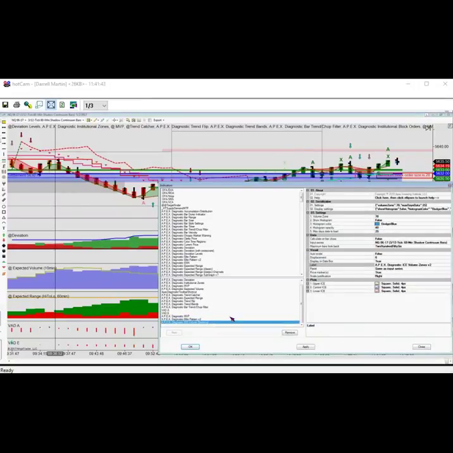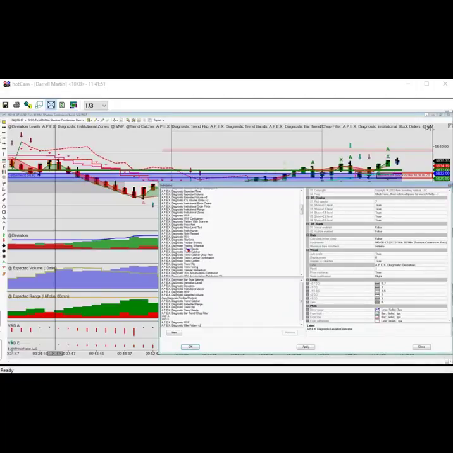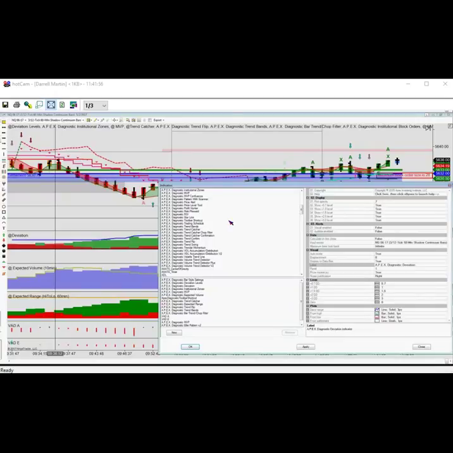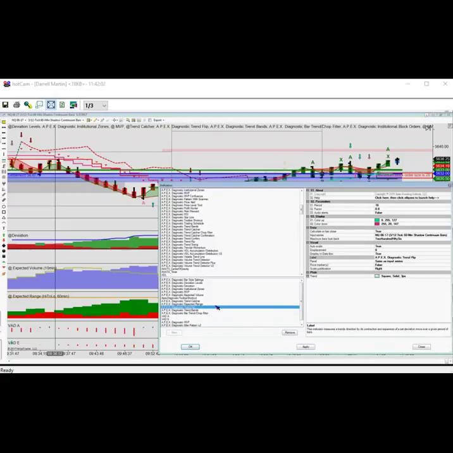And then of course I got the Elite Pattern version 2, and I got ICE version 2. Those are the indicators I actually have on this screen. Trendar is not on here. I got Trend Flip.